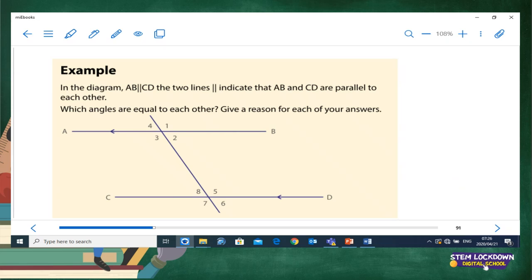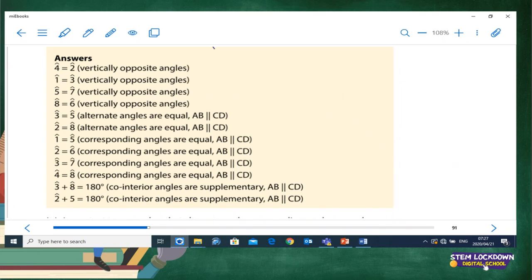But if I were to give you the answer to this example, you should be able to see that angle 4, as I've said, is equal to angle 2. And those are vertically opposite angles.